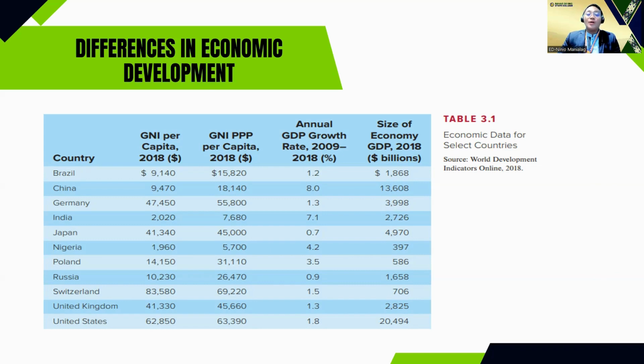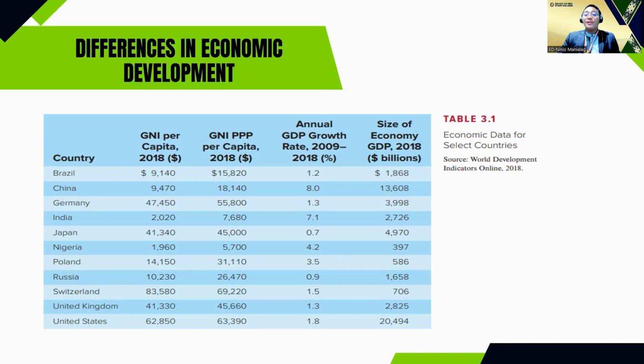Poland, moreover, has a GNI per capita of $14,150 and a PPP of $31,110, reflecting a moderate cost of living. The growth rate stands at 3.5% with an economy size of $586 billion.